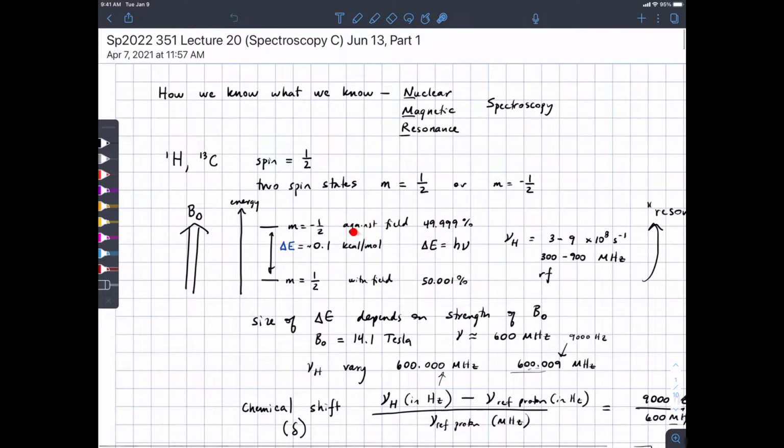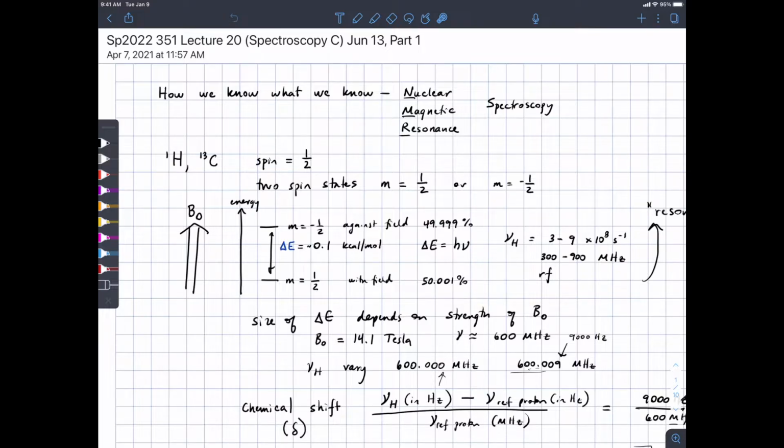However, if you do the math, take that 0.1 kilocalories per mole and use Planck's constant, you figure out what frequency of photon would cause a transition between spin states, and it's in the radio frequency range, 300 to 900 megahertz. So we have an instrument downstairs that has a strong magnetic field. It's an electromagnet.